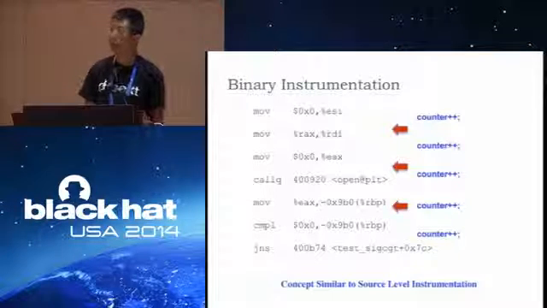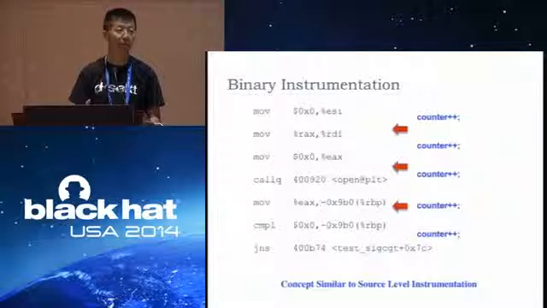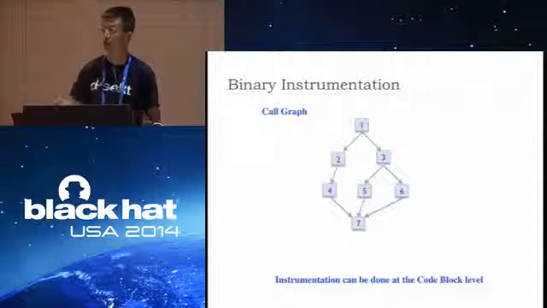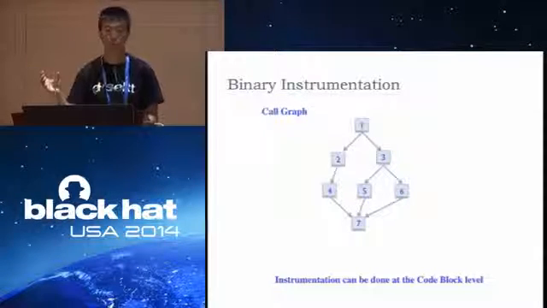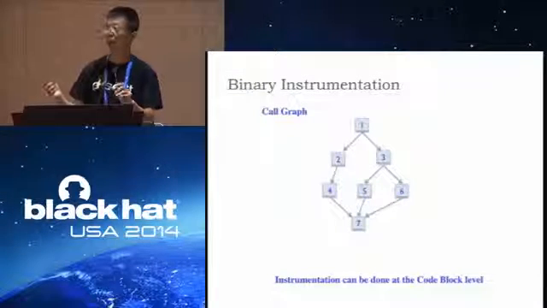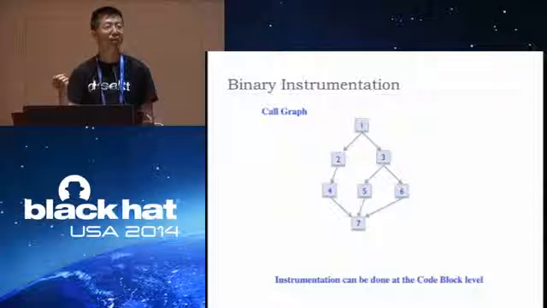The goal of all this instrumentation is observing program behavior. Likely you don't need to deal with that at the per-instruction level. Very commonly you do this at the block level. I'll illustrate this using a simple graph, which is what you see if you take a binary and throw it into IDA.